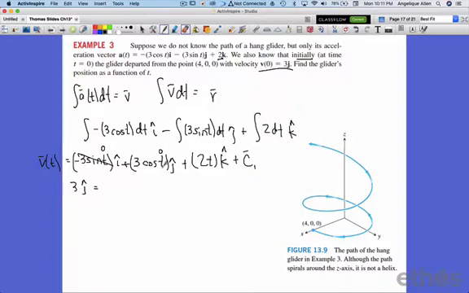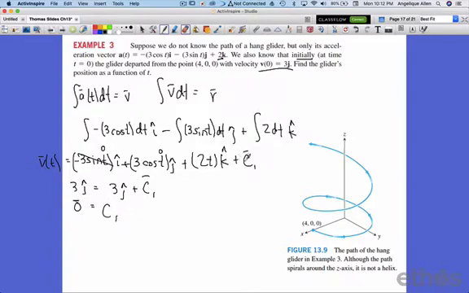Putting in a 0 for t here, cosine of 0 is 1 times 3 is 3j. Okay, and then putting in a 0 here, 0 times 2 is 0k, and then we bring down the plus c1. So subtracting 3j from both sides, 0 is the vector c1, which makes 0 a vector.